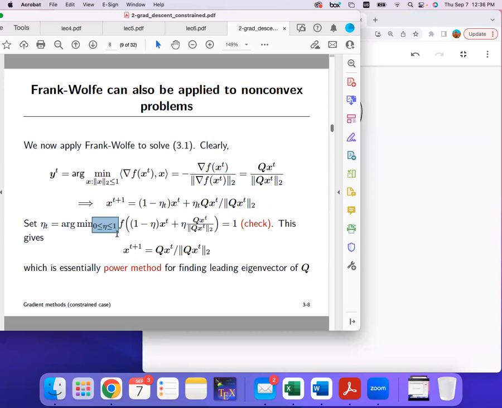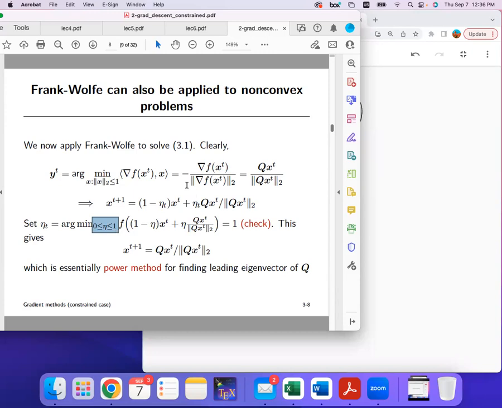I'm trying to find an eta between 0 and 1 that makes x_{t+1} achieve the minimum objective value. It turns out this problem can be solved analytically just by simple linear algebra.